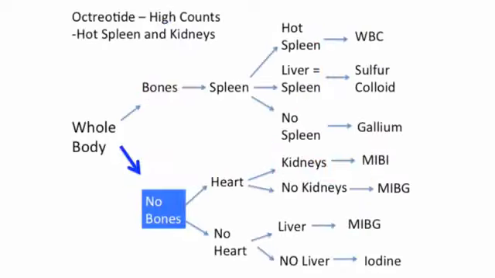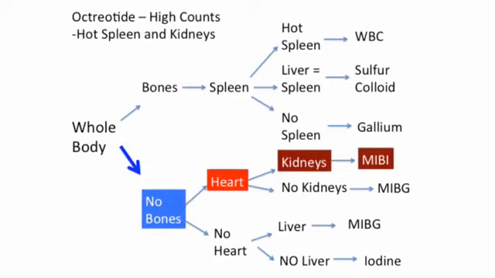Although that's not always the case. Another way to remember that MIBG is the one that doesn't have the kidneys is that typically we're talking about an adrenal thing, right? So if you see kidneys, then that's going to make it hard for you to tell what's kidney and what's adrenal. So you wouldn't want a test that had kidneys visible. So that's one route.